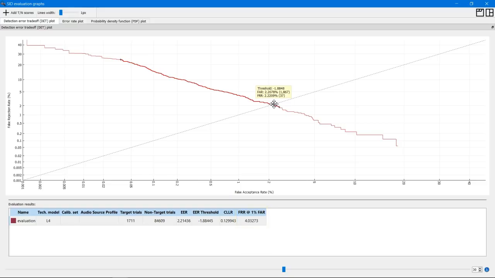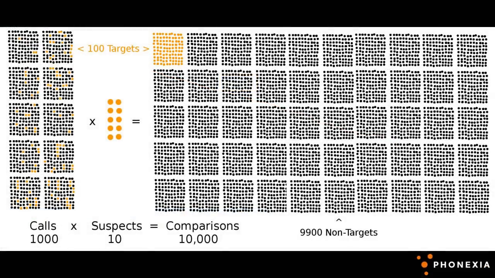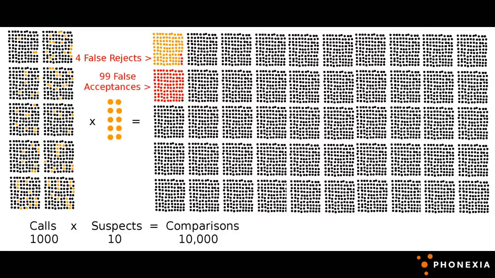In my example, if I set the threshold to minus 0.8 log likelihood ratio, the false rejection rate will be 4%. That means 4 target comparisons will be falsely rejected, and the false acceptance rate will be just 1%. That is, 99 out of the 9,900 non-target comparisons will be falsely accepted.